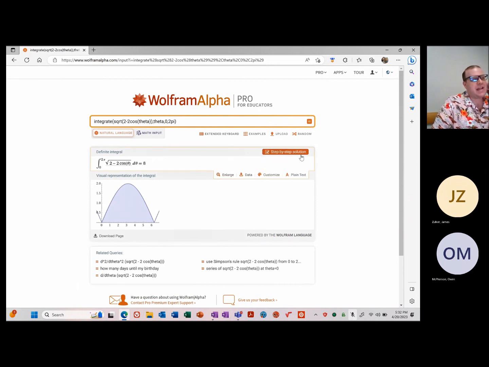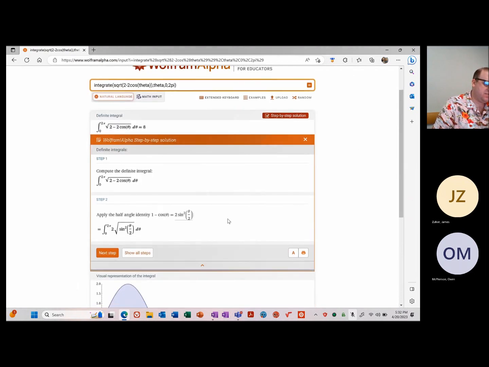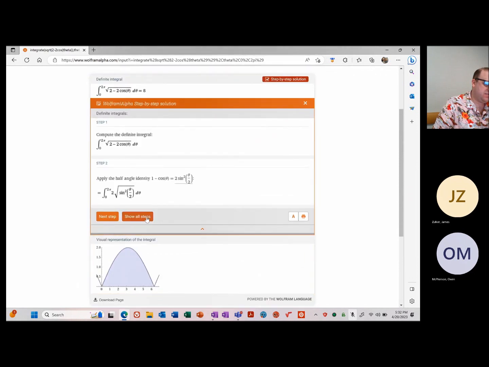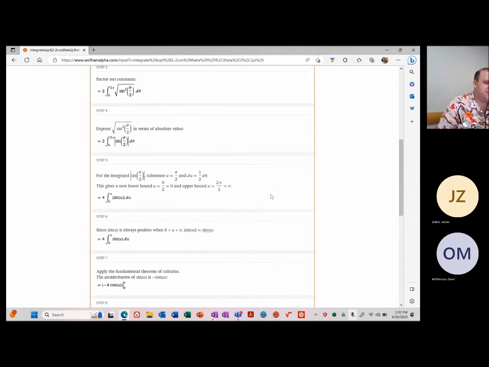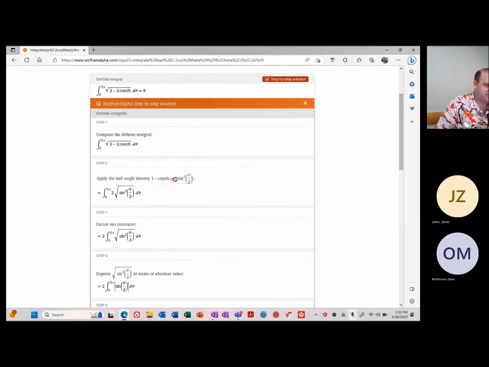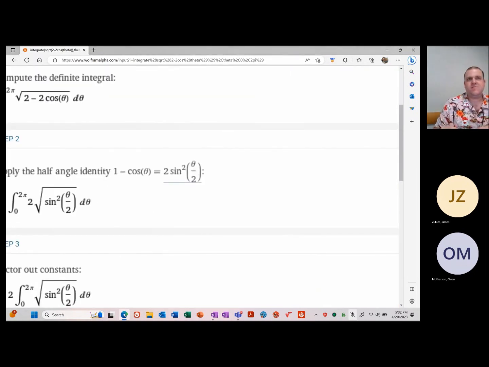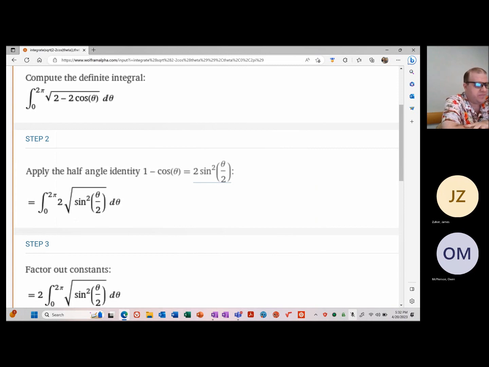So this does have an analytic solution. Half angle identity on sine.